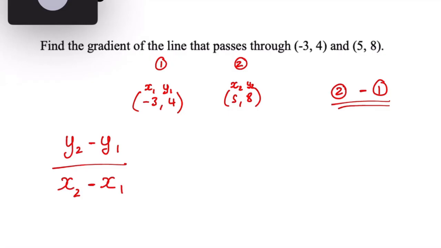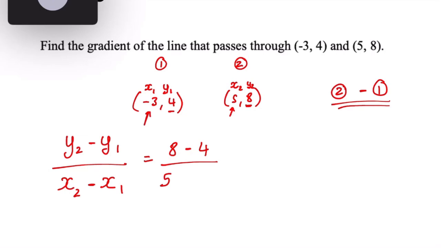So y2, as you can see, is 8 over here. So we're going to do 8, and then subtract y1. y1 is 4. So we're going to do 8 subtract 4, which you probably all got. Then we're going to divide this by x2 subtract x1. x2 is 5, as you can see, and x1 is minus 3.